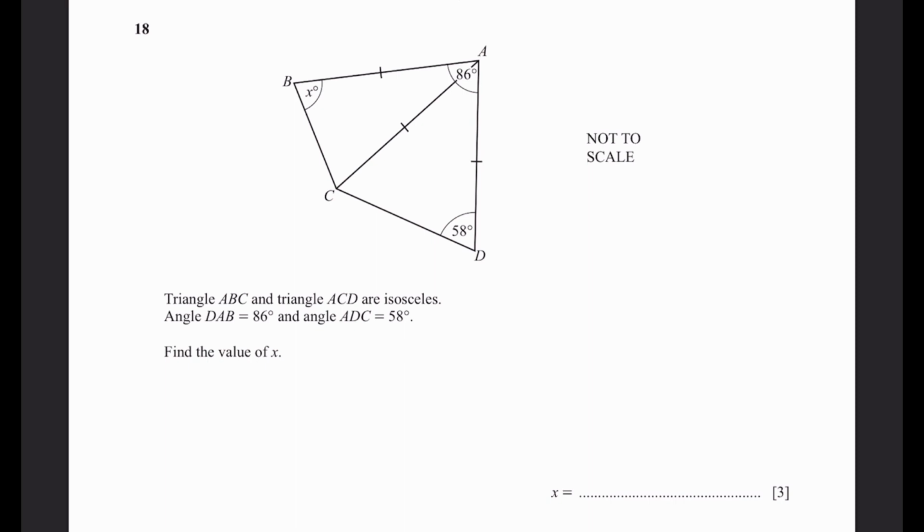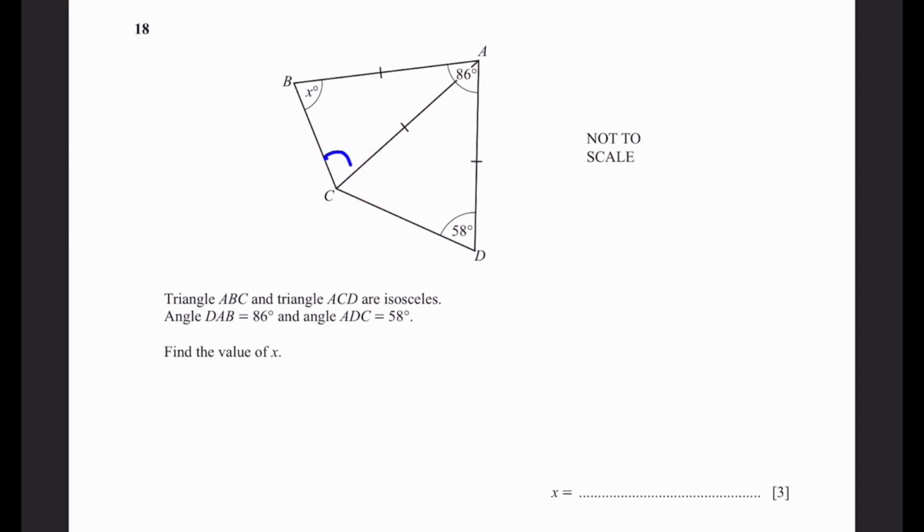Question 18. Triangle ABC and triangle ACD are isosceles. Angle DAB is equal to 86 and angle ADC is equal to 58 degrees. Find the value of x. So first of all, because we know that these two triangles are isosceles triangles, we can find out these two angles.